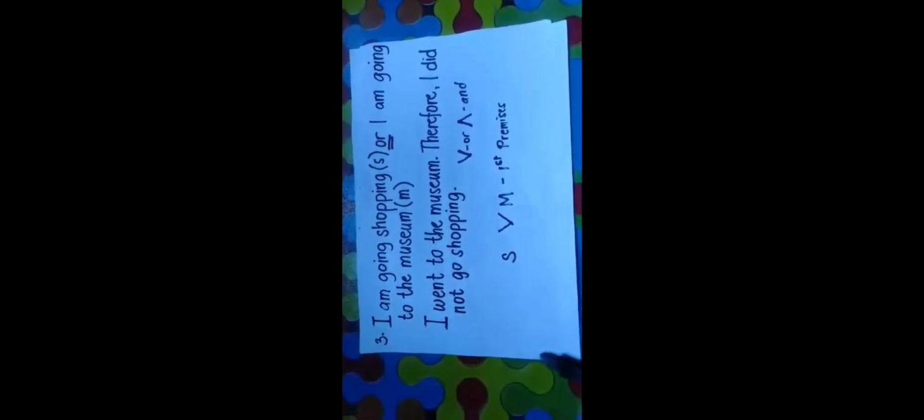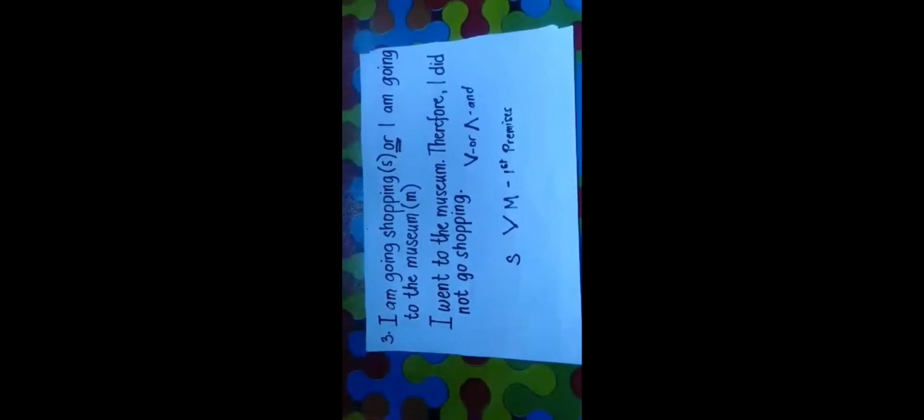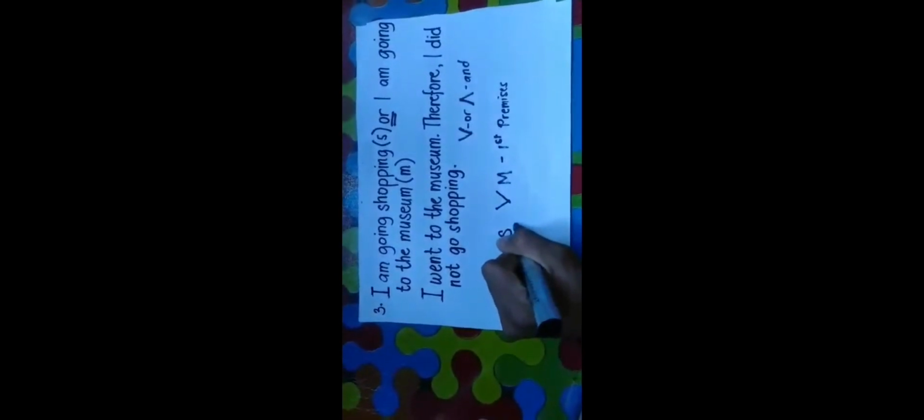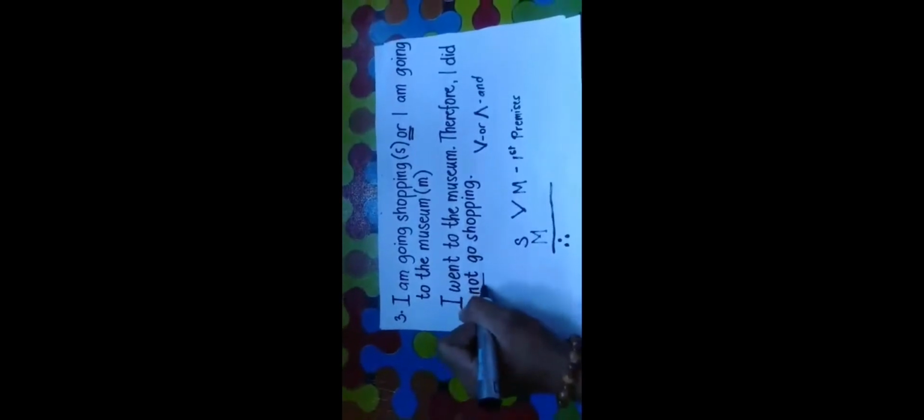So, the second premise is "I went to the museum, therefore, I did not go shopping." So, "I went to the museum" represents the M. Therefore, "I did not go shopping" represents the letter S. Ilagay natin yung M. So, therefore, now, remember the not negation form.